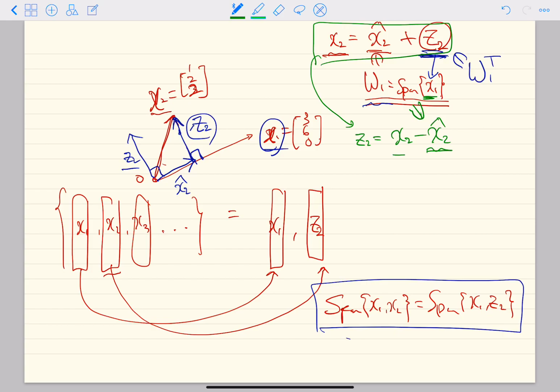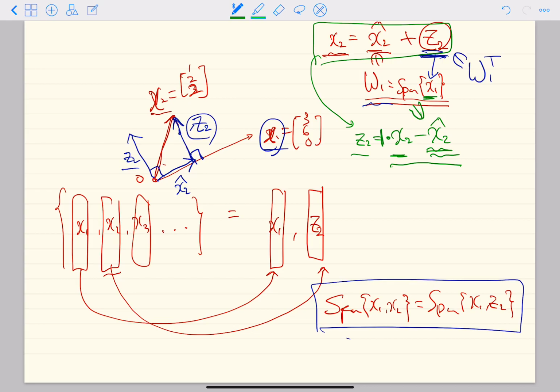So at a high level, this representation is a linear combination of x2 and x1, which is the previous vector that we had, right? And so z2 is represented as a linear combination of the previous vector x1 and the current vector x2, right?